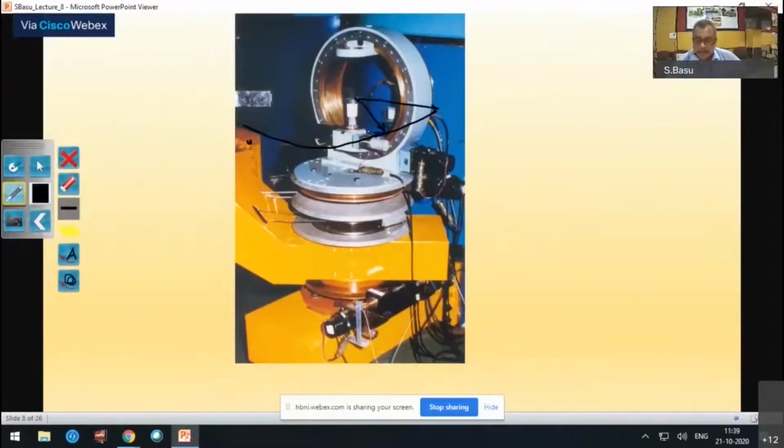And because it is a single crystal, the scattered pattern is very, very intense. It is almost like a perfect delta function.